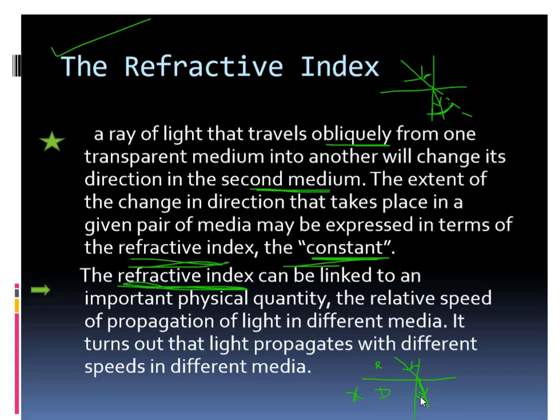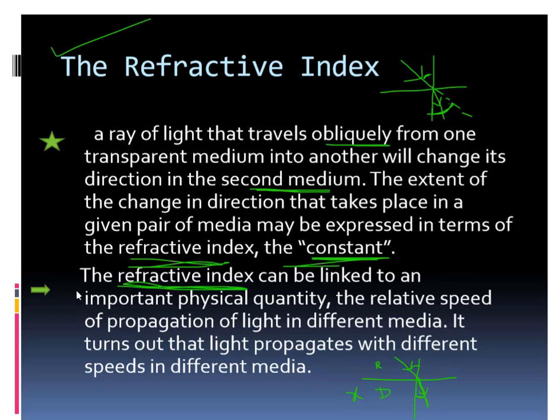So if the density changes, the sine of angle R will also change. So for a particular angle and a particular density, what will be its refractive index, and with how much speed the light will travel in the denser medium, can be calculated.